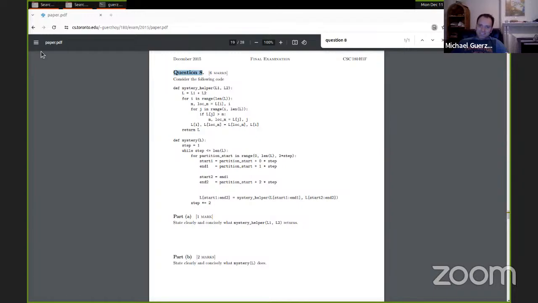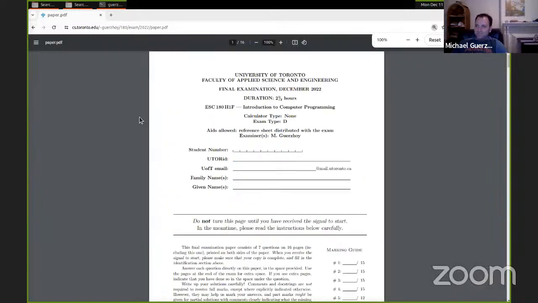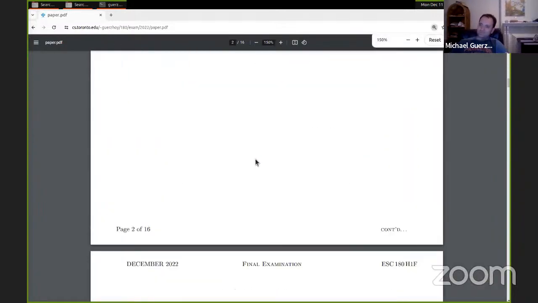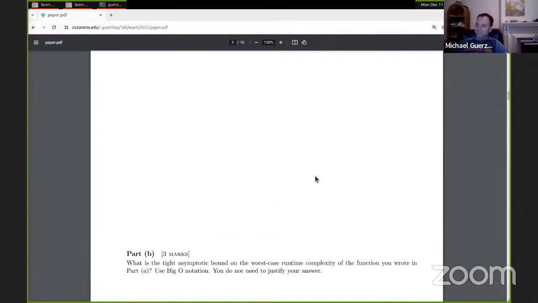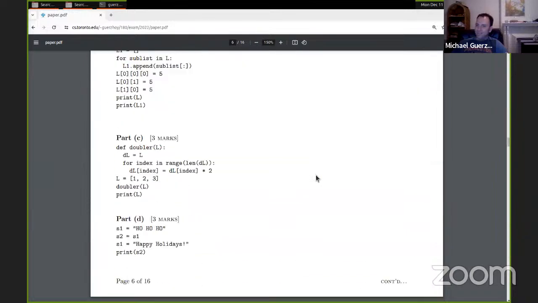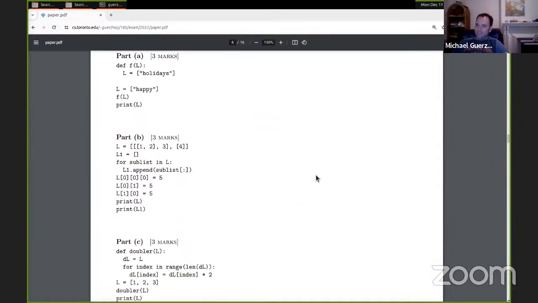Can go over last year's exam, 5B. So okay, we have a list, and what we're doing here is making L1, which is a copy that's 2 levels deep, right?